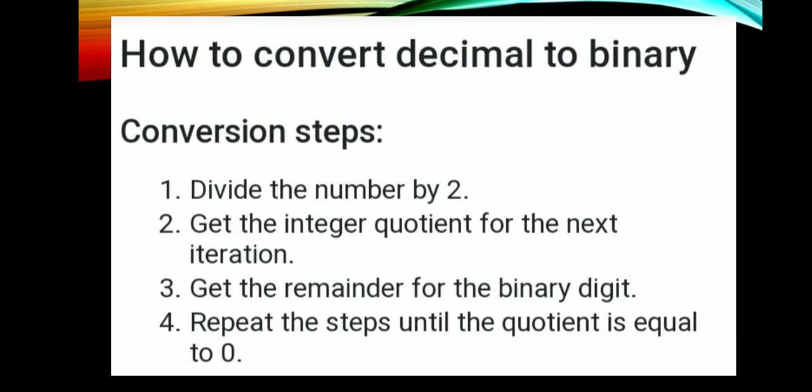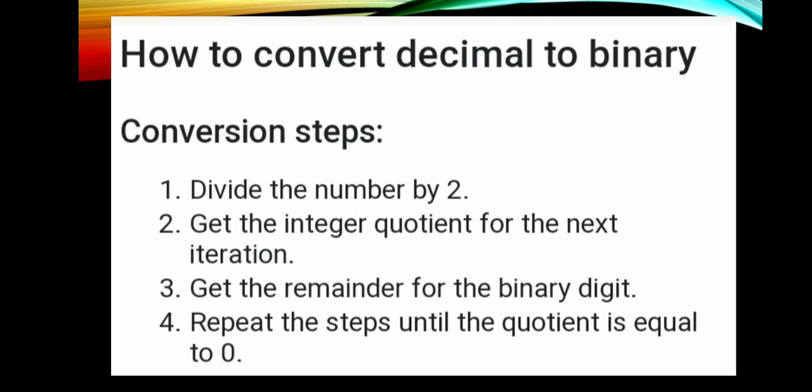It is 2. So you should divide the given decimal number by number 2. Okay, and definitely what you will get after division, you will get two different values. One is a quotient and another one is the remainder.